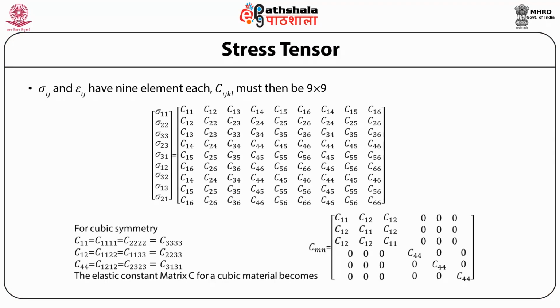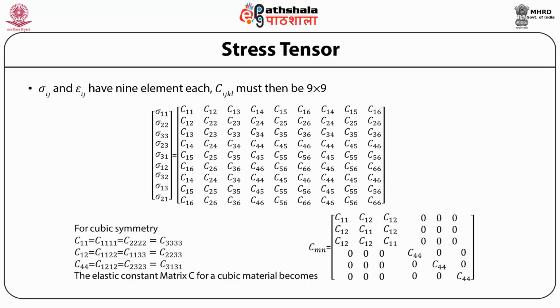Sigma ij and epsilon ij have 9 elements each, so Cijkl must then be 9 cross 9. So the multiplication is then between C, that is a 9 cross 9 matrix as shown over here, and epsilon, a 9 cross 1 matrix, to form sigma, a 9 cross 1 matrix as it is shown over here.